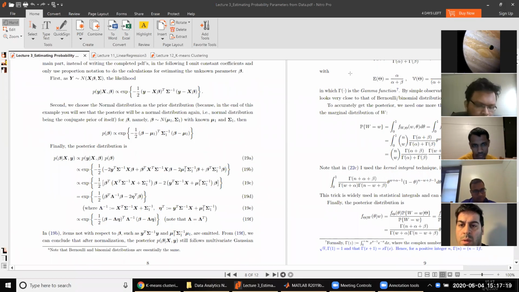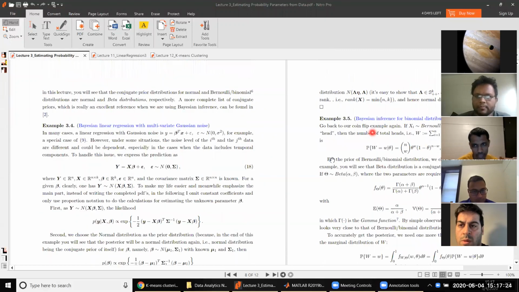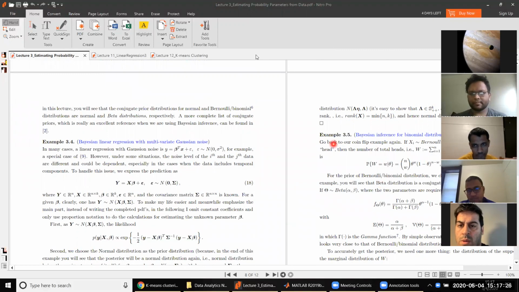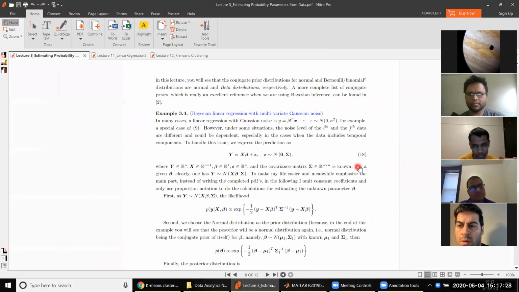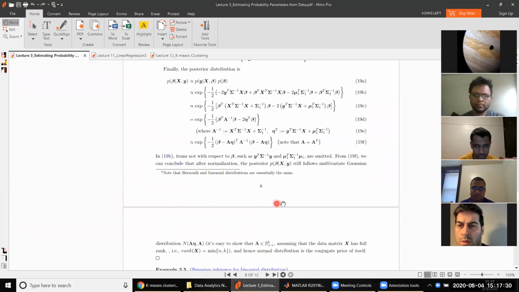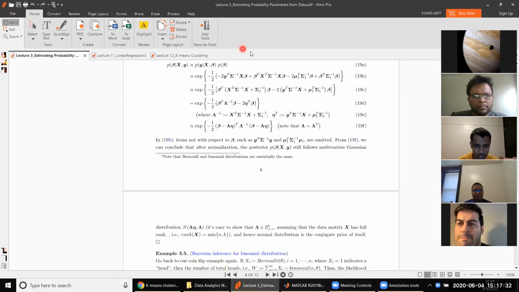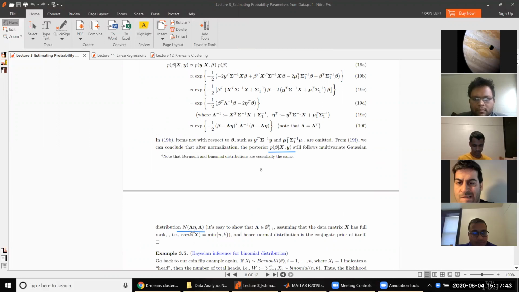I think I have a more clear conclusion here. Give me 1 second. Let me make it to be this mode. Okay, so it is here. From here, you can see the posterior distribution still follows a multivariate normal distribution, which has mean lambda eta, and the covariance matrix is eta. So it's still normal.